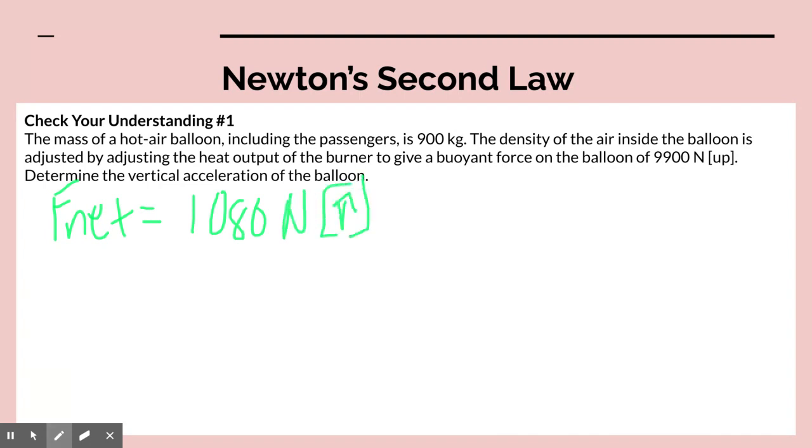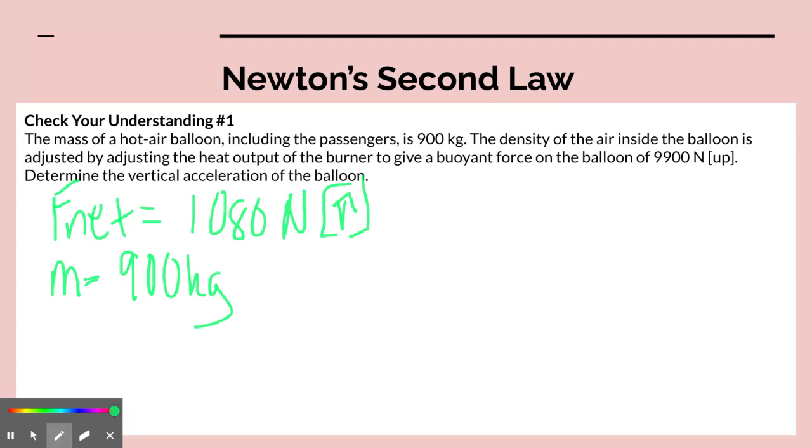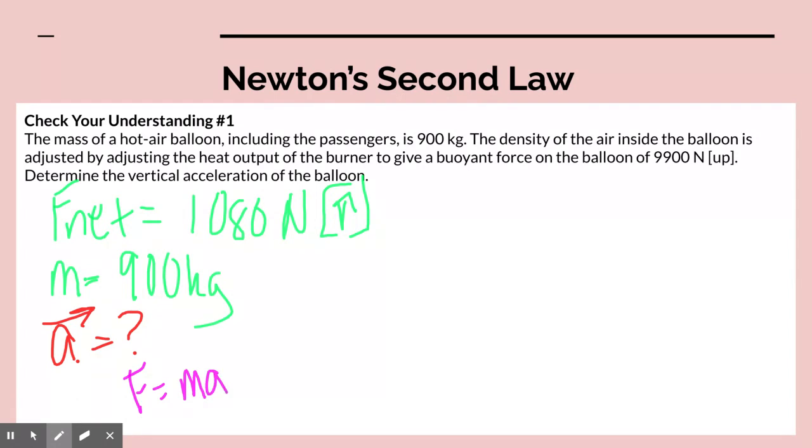We do have our mass. We still need to use mass, because that still plays a factor here. We have our mass of 900 kilograms. What we need now is just acceleration. Our equation here is F equals m times a, so we're going to rewrite it up here as a equals F divided by m.